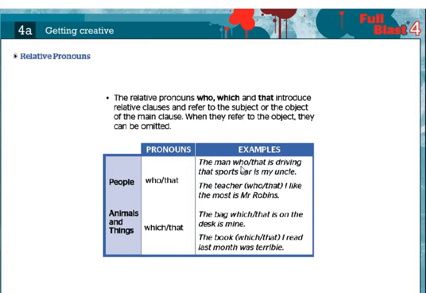Here we can't omit who. We use it to express the subject.